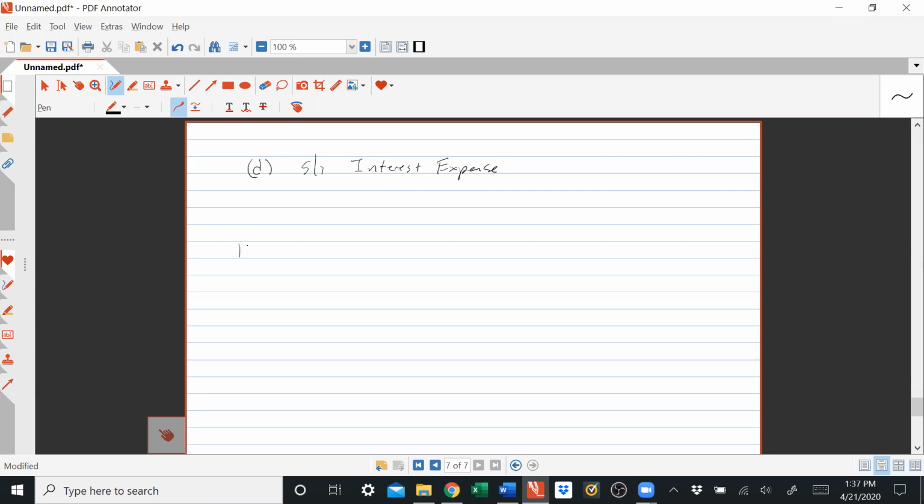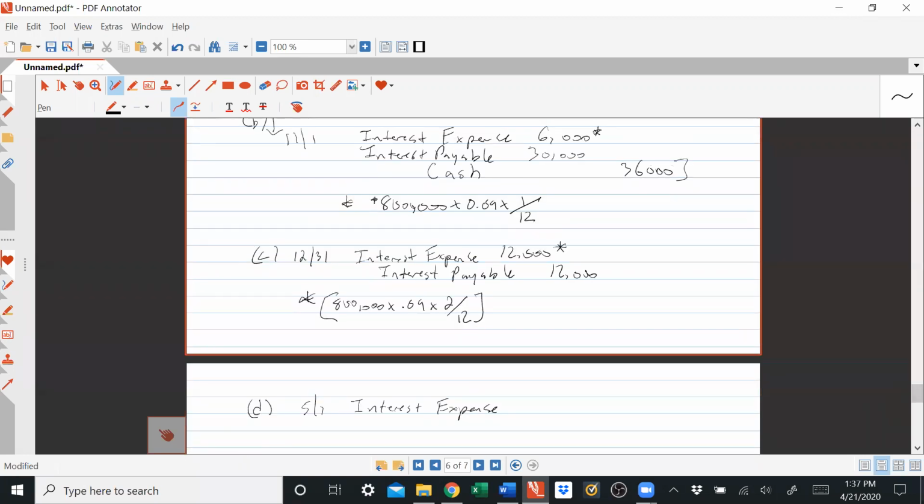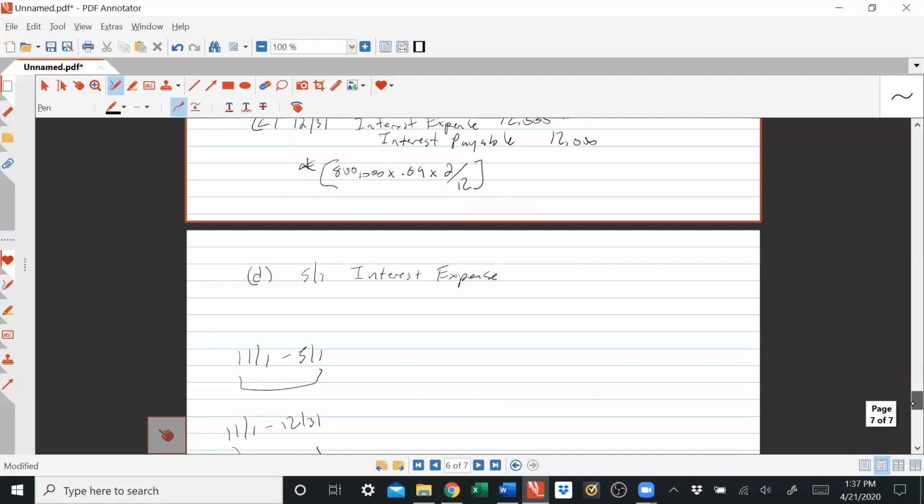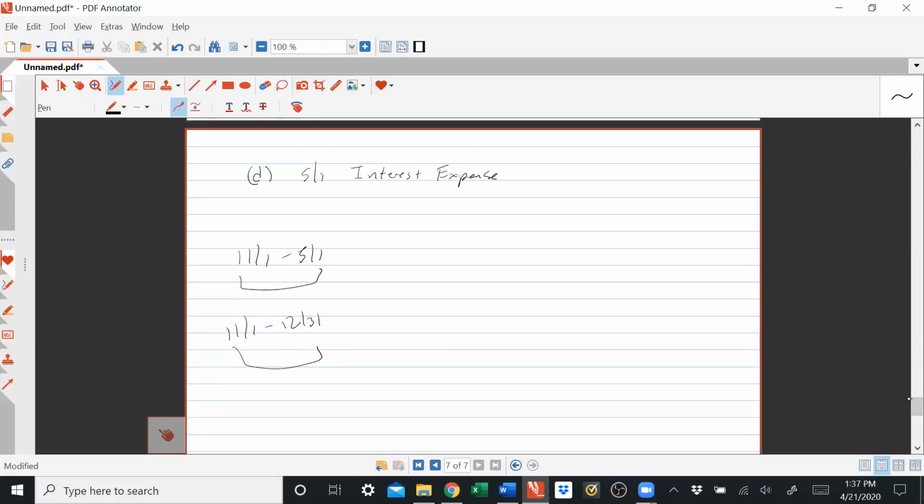For the semi-annual period from 11/1 to May 1st, we've already recognized 2 months of interest expense, from November 1st to December 31st. We did that with the journal entry in part C right here. The other 4 months, January 1st through May 1st, we have to recognize that interest expense.